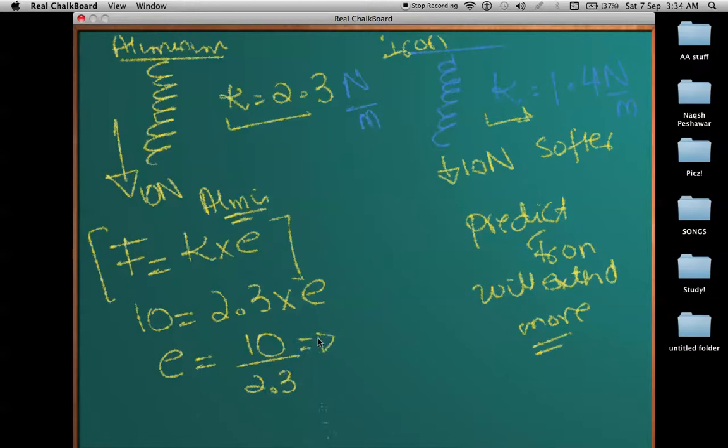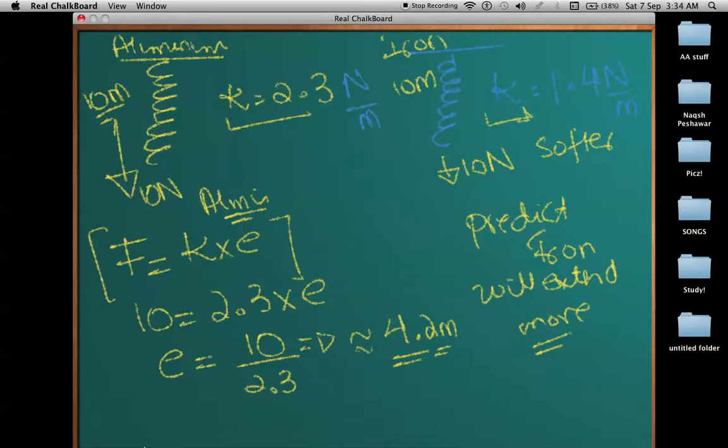This will give me approximately 4.2. This would mean it would extend by 4.2 meters. Let's say the original length is 10 meters for both of the springs, this would extend by 4.2 meters.